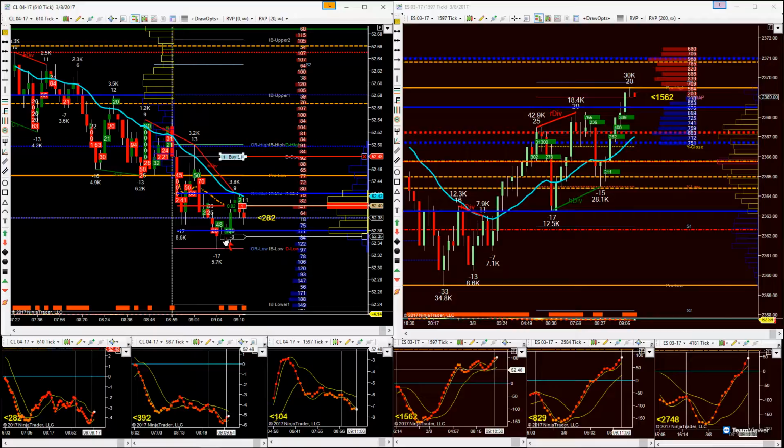So there's a little push there. 1597 still looks really good, pointing downwards. All I'm watching right now is order flow. There we go.